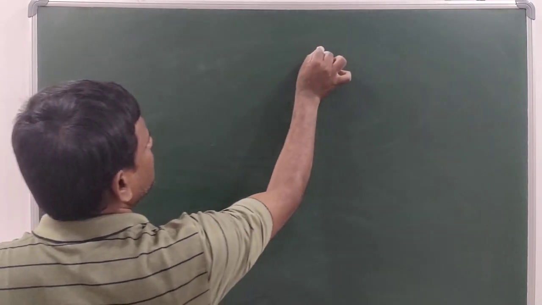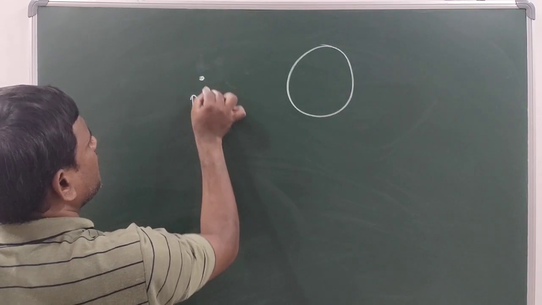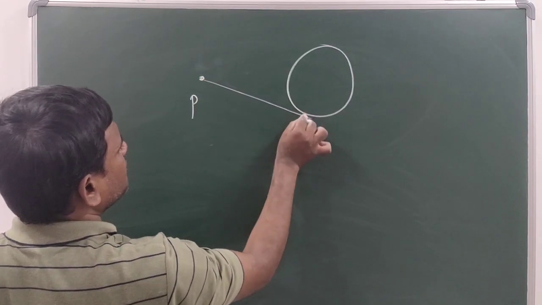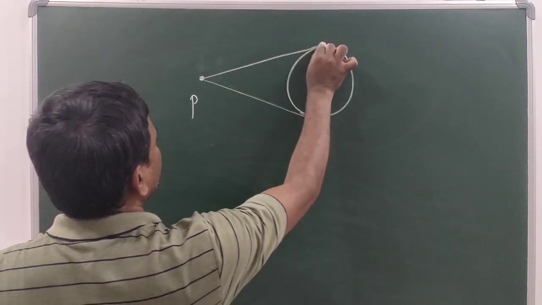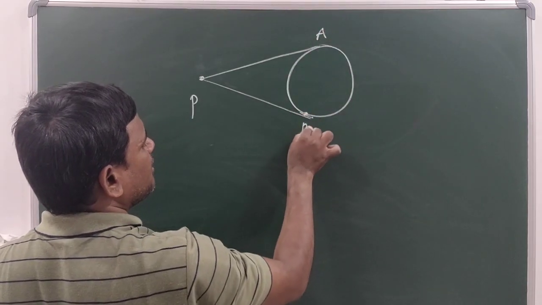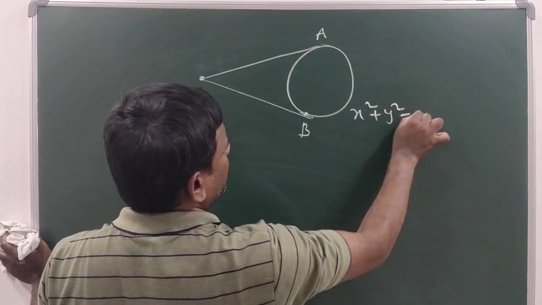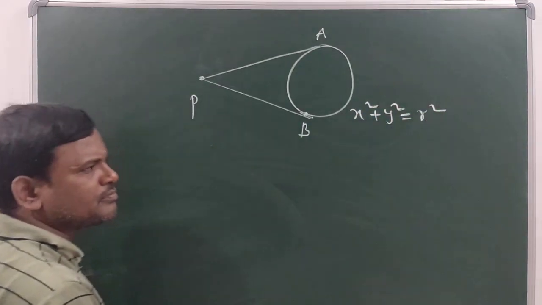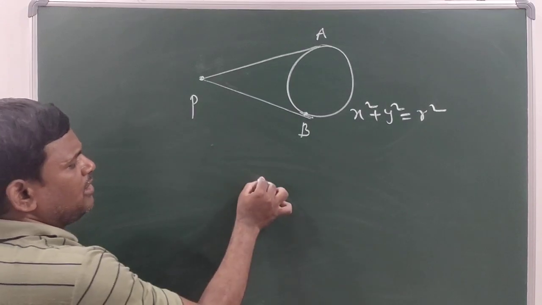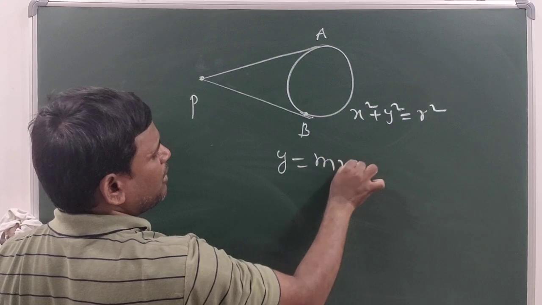This is a circle, no? From an exterior point P, you can draw one tangent this side and one more tangent this side. One is touching it here at A, the other here at B. Now the circle equation is x square plus y square equal to r square. What is this tangent equation? y equal to mx plus c.